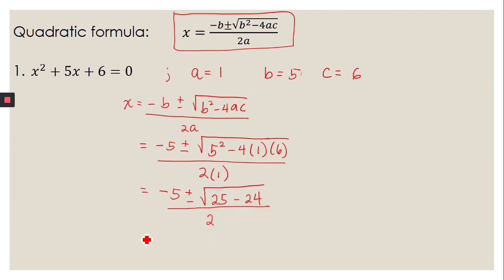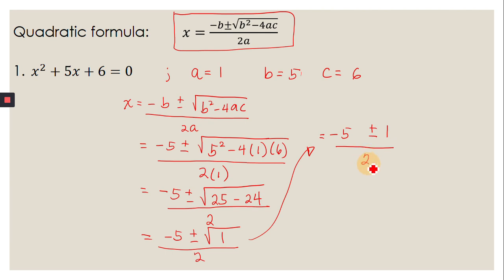So that will be negative 5 plus or minus the square root of 25 minus 24, which is 1, all over 2. So that will become negative 5 plus or minus the square root of 1, which is 1, all over 2.